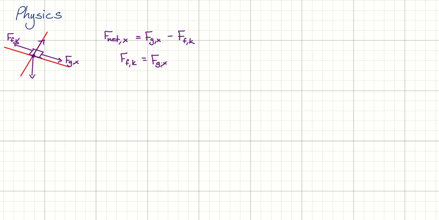Okay, we're trying to find, just as a reminder, mu k, the coefficient of kinetic friction. Cool. So let's just start plugging and chugging. And there's going to be a lot of definition stuff. How do you find the force of friction? And this is the definition-y part. If you need to check your notes, you can.